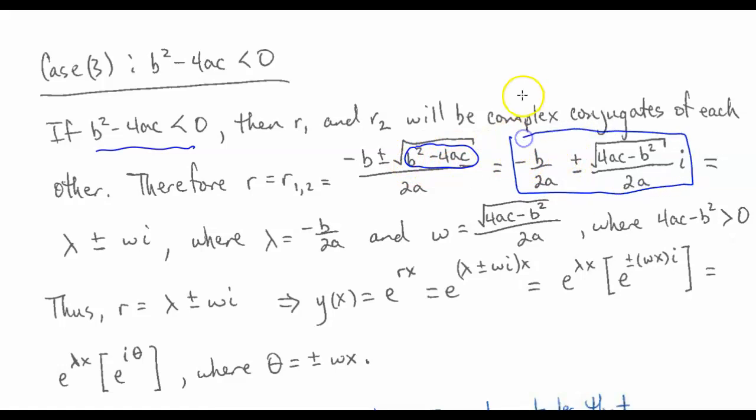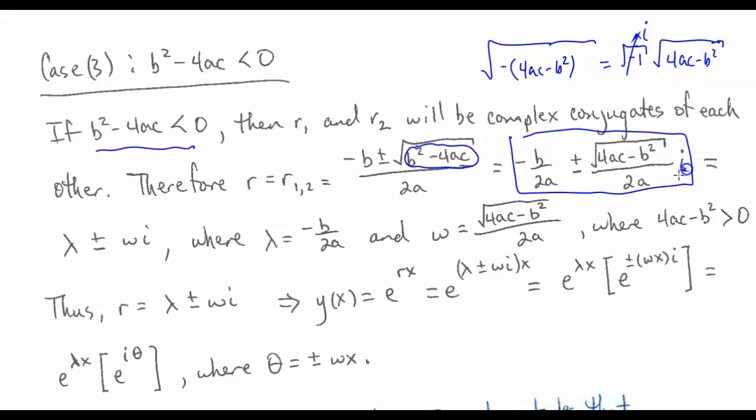All I did to get this form is rewrite b squared minus 4ac as minus (4ac minus b squared) here. Then this could be rewritten as the square root of negative 1 times the square root of 4ac minus b squared. And by definition, we know that the square root of negative 1 is i. So that's why you see the i right there.